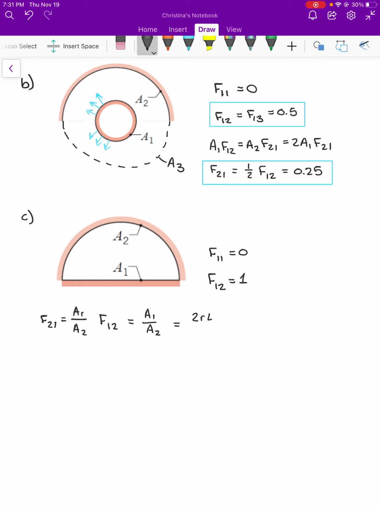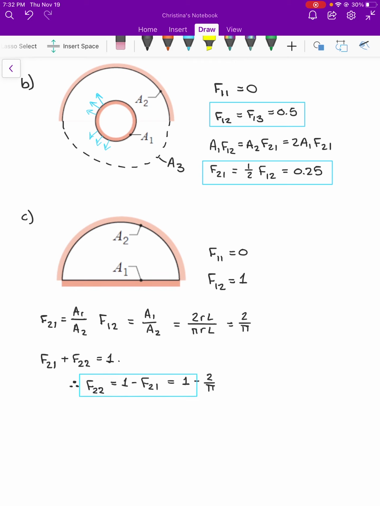Area 1 is 2RL and area 2 is πRL. Now that we have found F21, we can then find F22 through the summation rule. And so with this, we have solved part C as well.